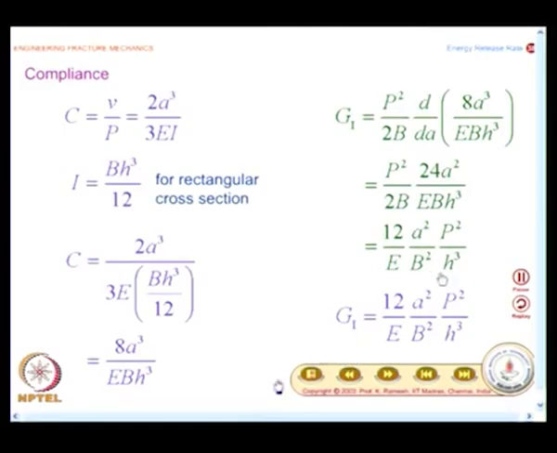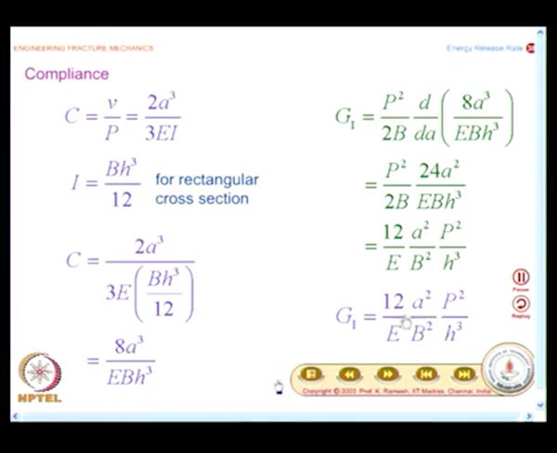One of the challenges in the early development of fracture mechanics was how to develop new test methods and also new test specimens. So, one of the questions people raised, after looking at this expression, was whether it is possible to design a specimen which will have a constant G. It is possible to play with these expressions, tweak them and create a specimen so that G remains constant as the crack grows.